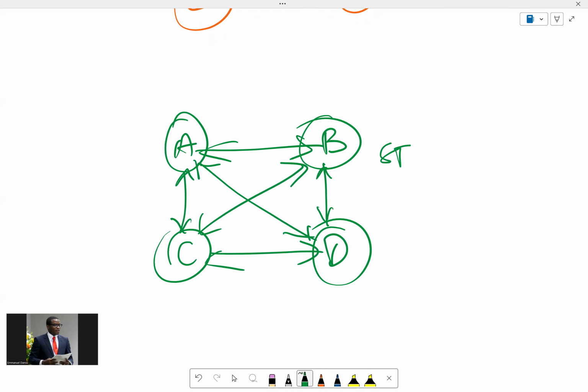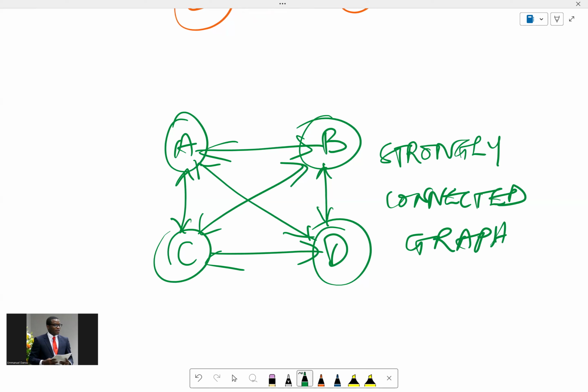This is a strongly connected graph because it's directed, and every vertex can be reached from every vertex. So that is the idea of connectivity.